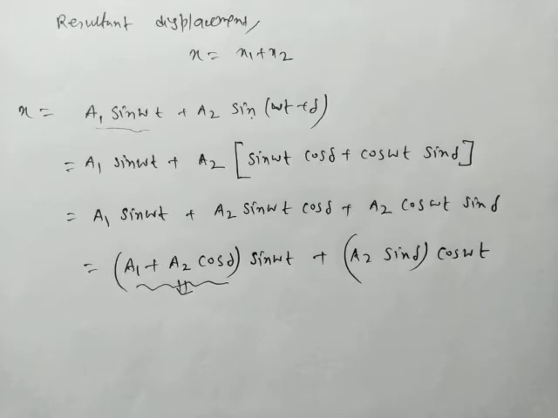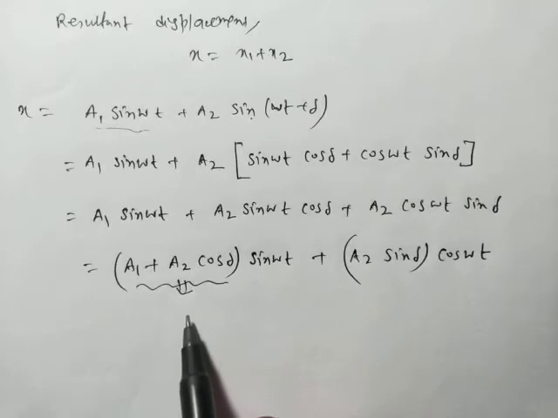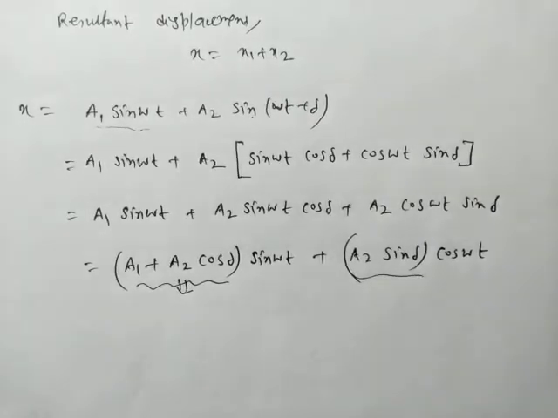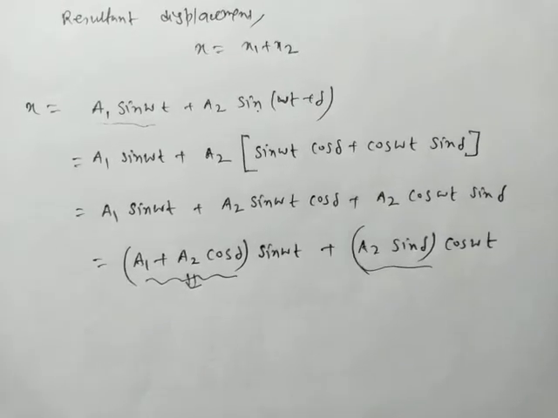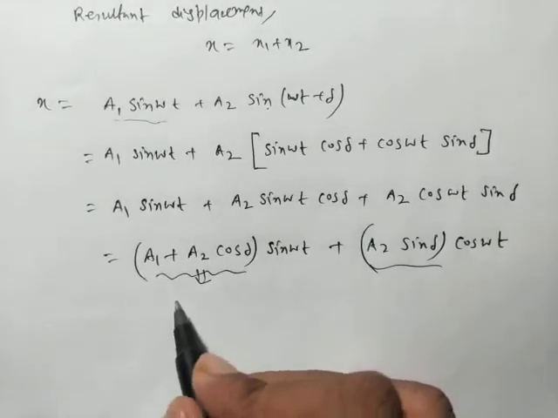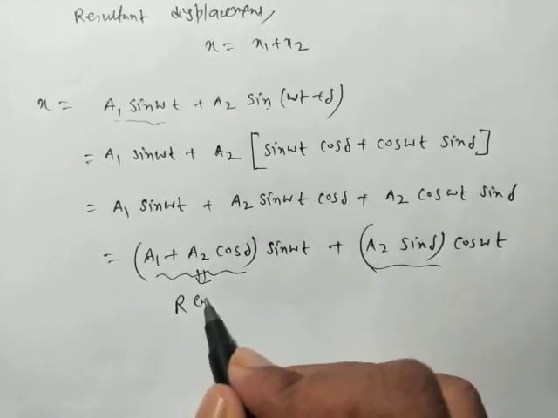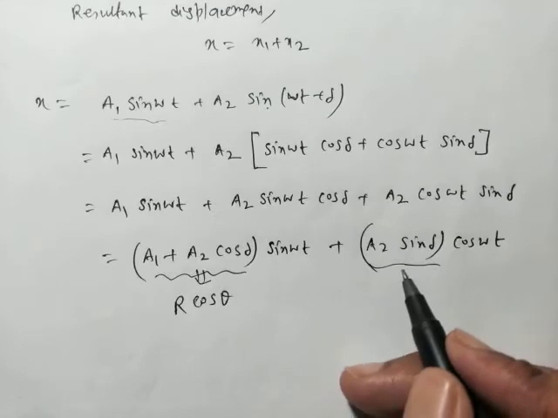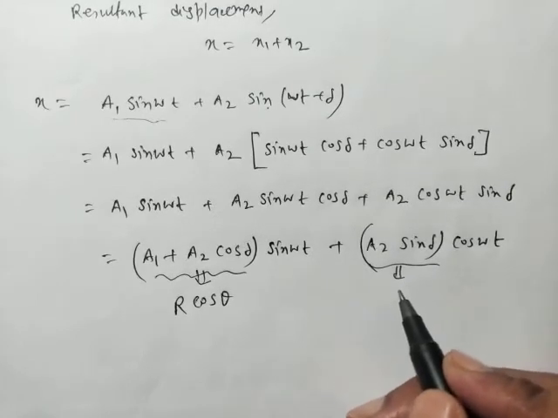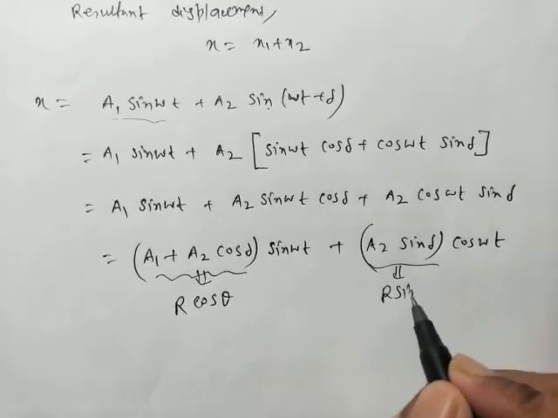So I want to get a more well-known form from this. I can assume a1 plus a2 cos delta as r cos theta and a2 sin delta as r sin theta.